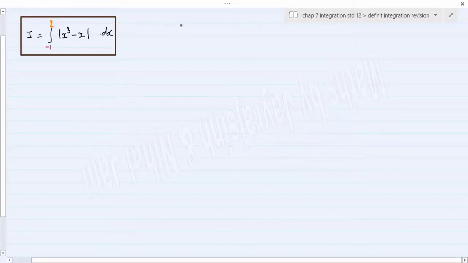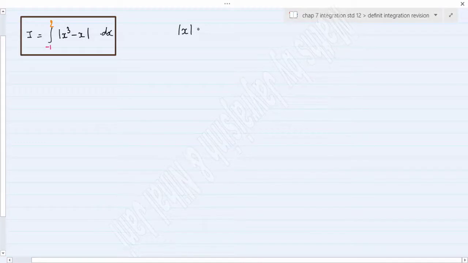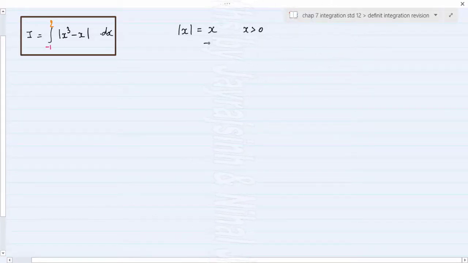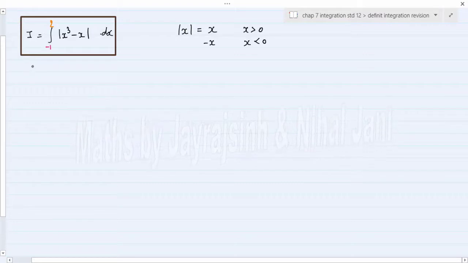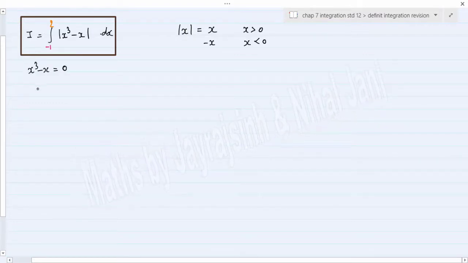Let me remind you the mod function. Mod x is equal to x if x is greater than 0, and it will be minus x if x is less than 0. So first of all, we should find out at which points the inner function of mod is 0. For that, we have to take x cube minus x is equal to 0.